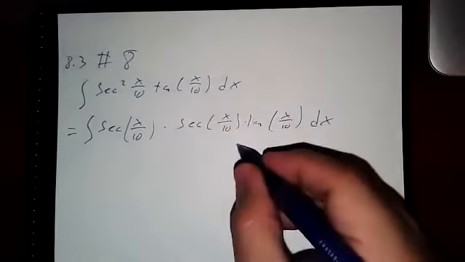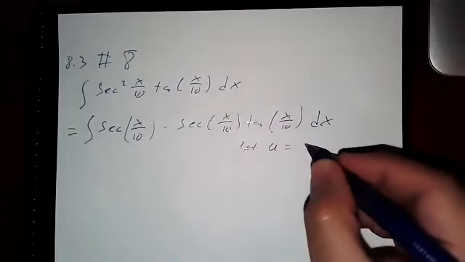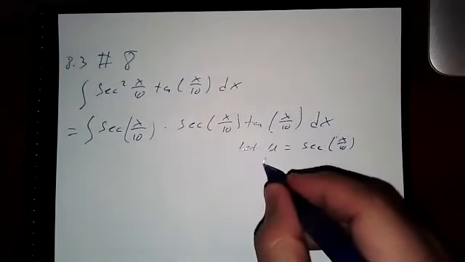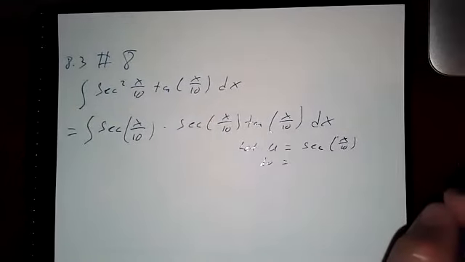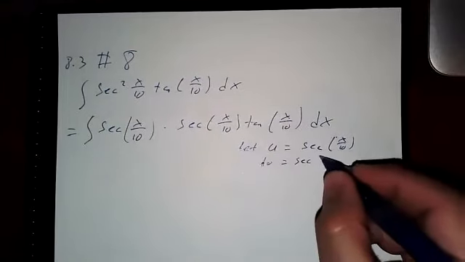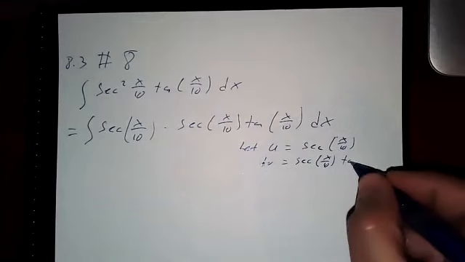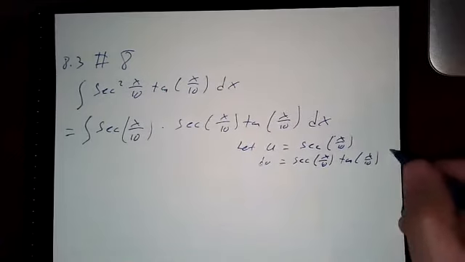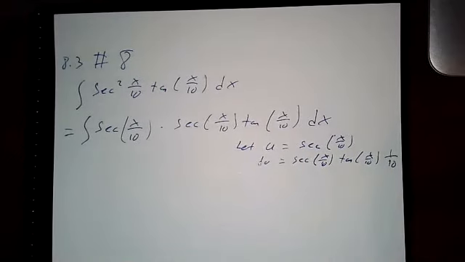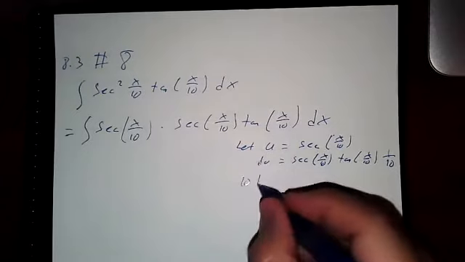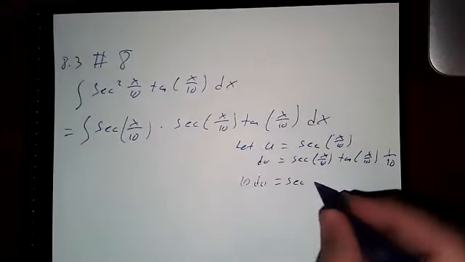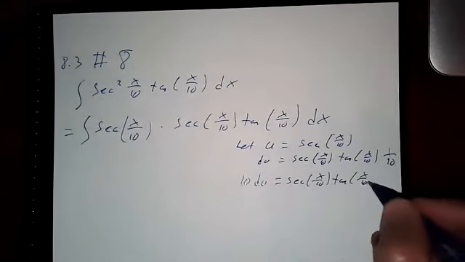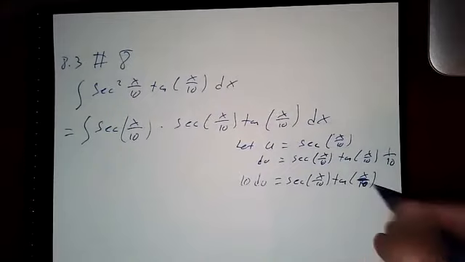So I'm thinking let u equal secant of x over 10. du would be secant x over 10 times tangent of x over 10 times the derivative of the inside, which is a chain rule, right? There is no 1/10, so 10 du is equal to secant x over 10 tangent of x over 10.